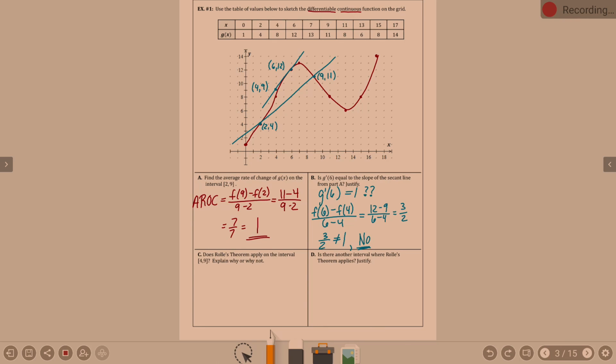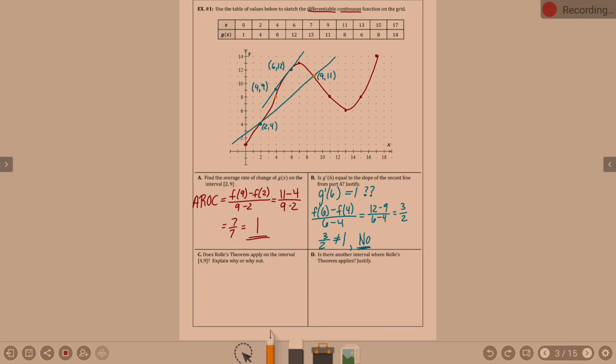It does for 4 to 11. Okay. So right here at 4, what do we have? We have 4, 8. Over here at 9, we have 9, 11. So Rolle's theorem does not apply because the y values are not the same.